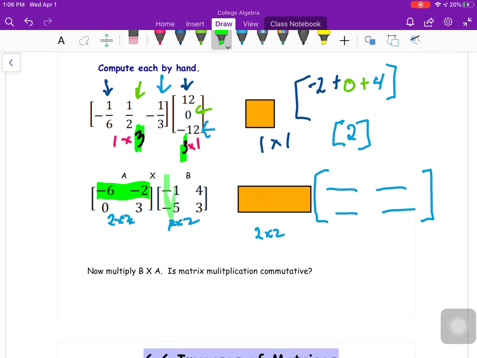Row 1 by column 1 gives me negative 6 times negative 1 is 6, plus negative 2 times negative 5 is 10. Row 1 column 2 gives me negative 6 times 4, negative 24, plus negative 2 times 3 is negative 6.